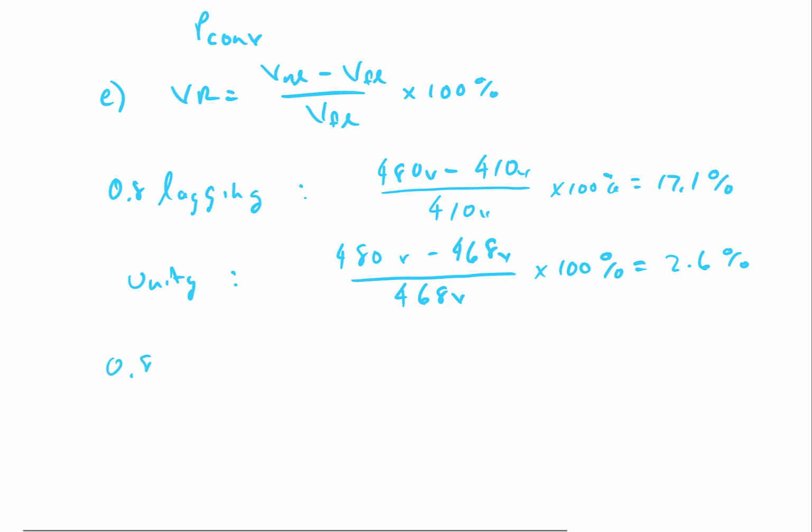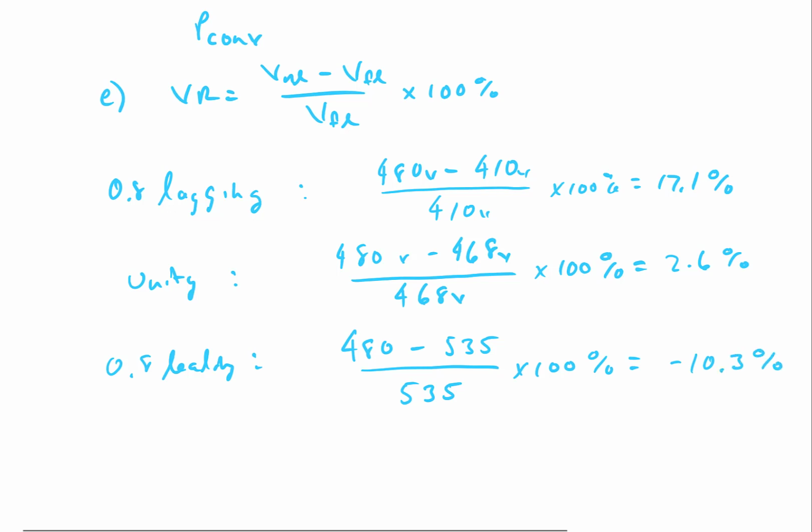And then finally, in the leading case, our voltage was calculated to be 535 volts. And this comes out to be minus 10.3% voltage regulation.